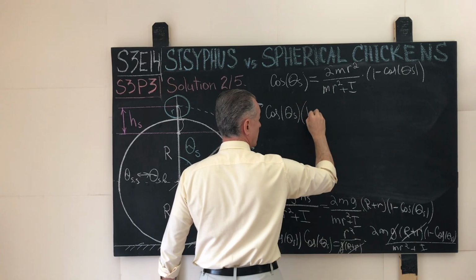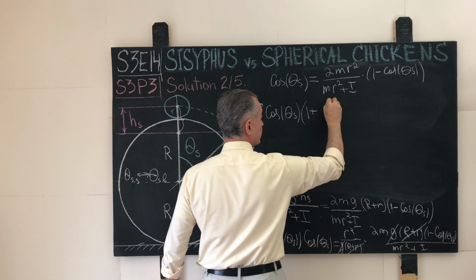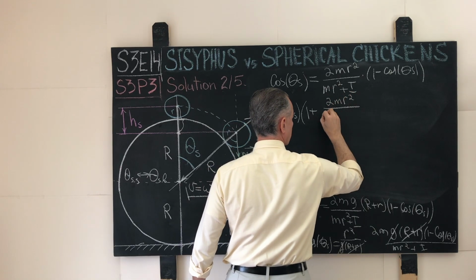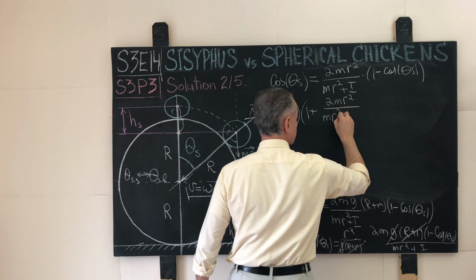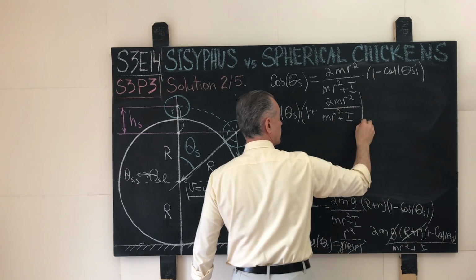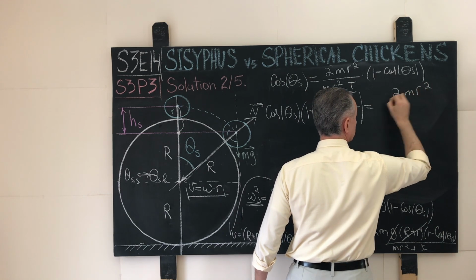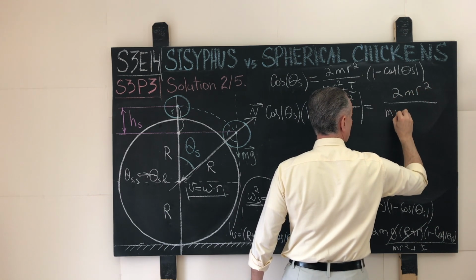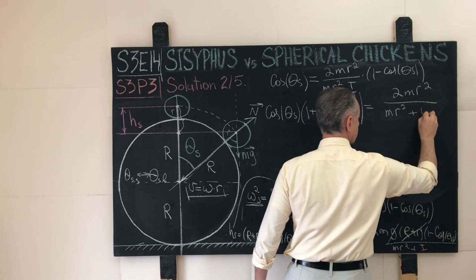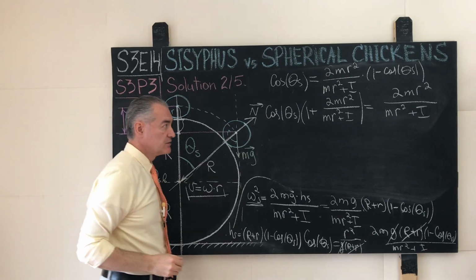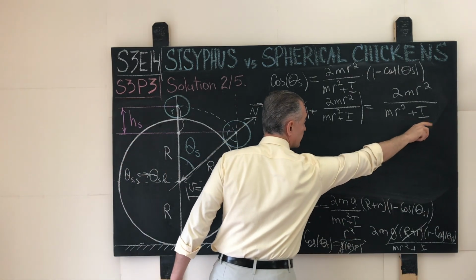We will have 1 plus 2mr squared divided by mr squared plus I. You can see we can see the light at the end of the tunnel. We see what's going on here.